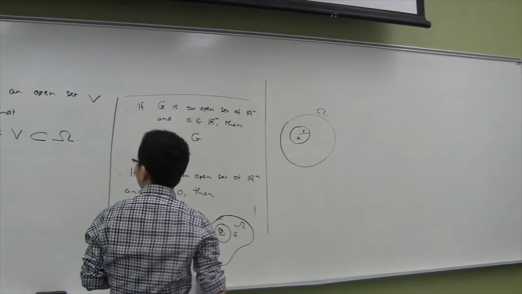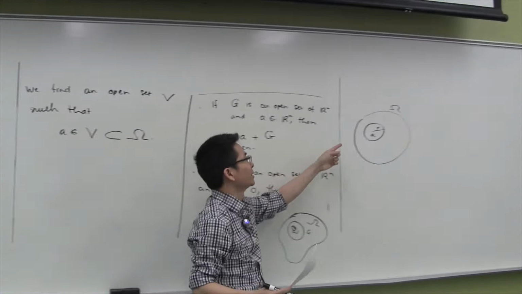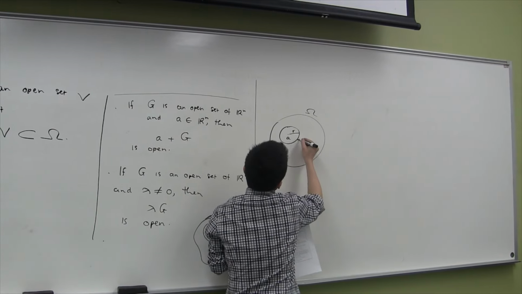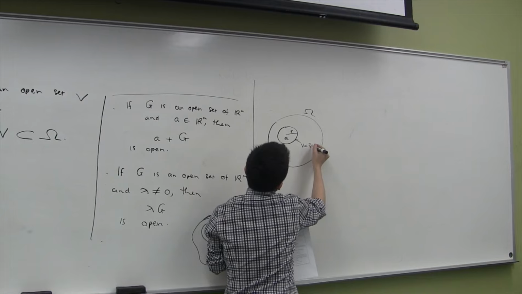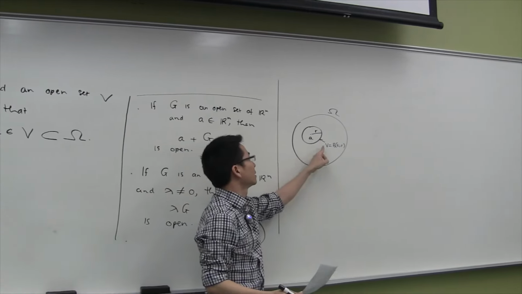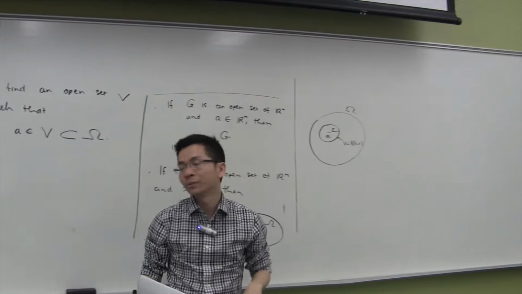Here we can pick V, for instance, to be that open ball B(A, R). Then A belongs to V, and V is a subset of omega.